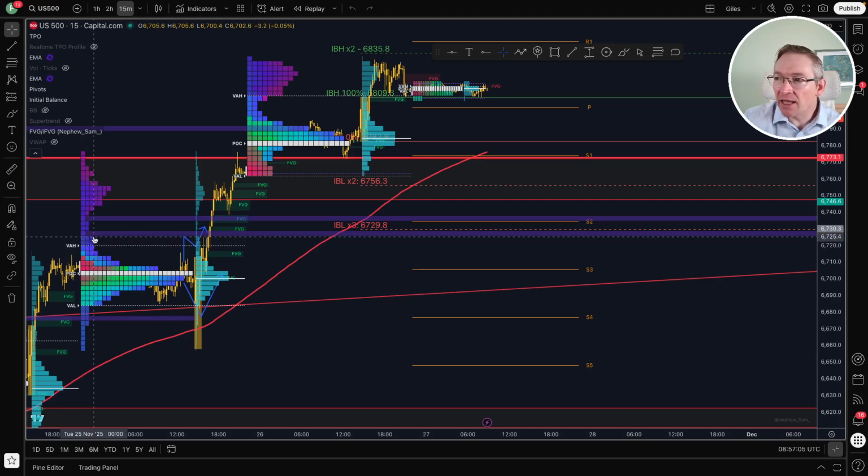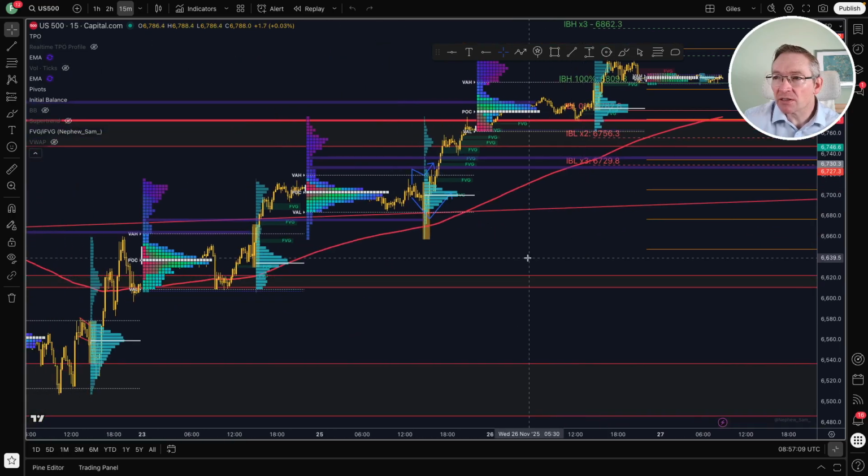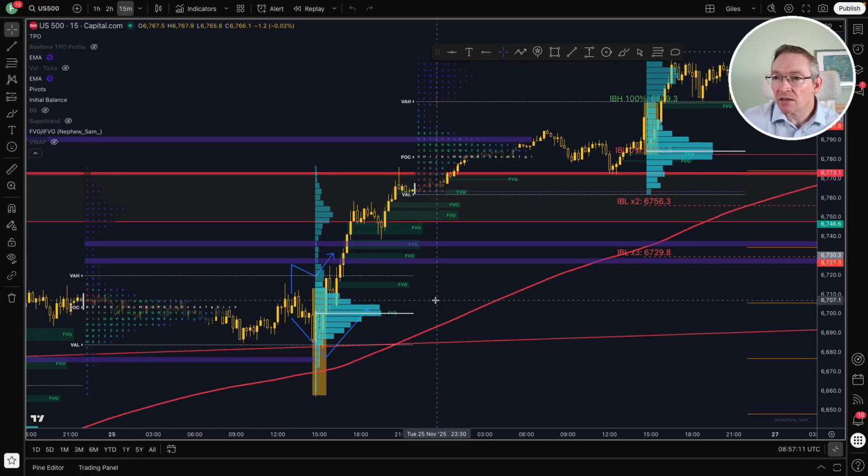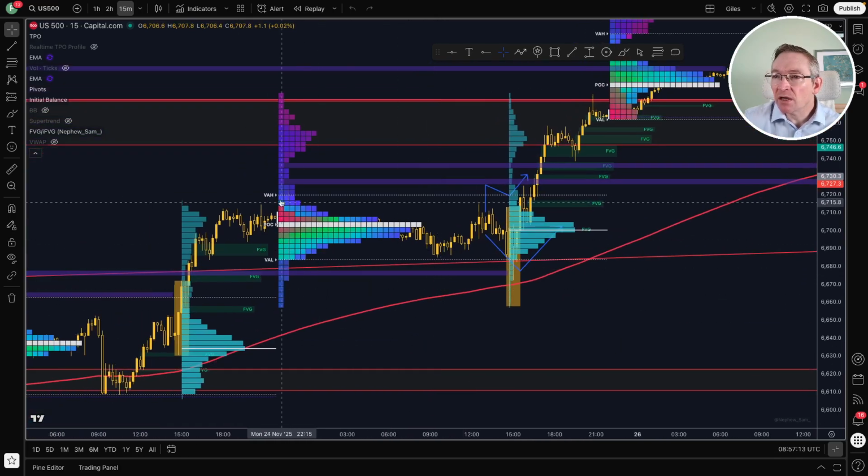You can see here at the 6720 on Monday of this week that there's 1, 2, 3 blocks. So during three 30-minute windows of time, price was trading at that region.